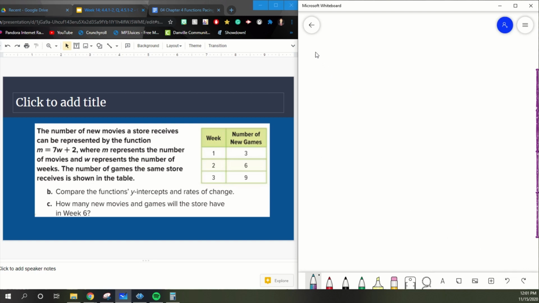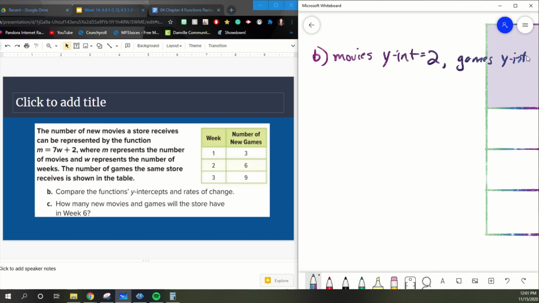So for the first part of B here, compare our y-intercepts. I know that our function for movies has a y-intercept of 2. However, for games, the y-intercept isn't 2.